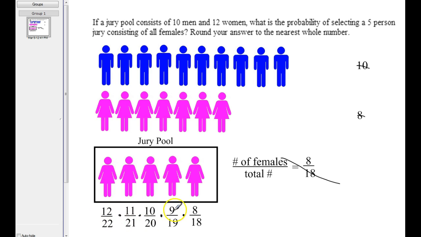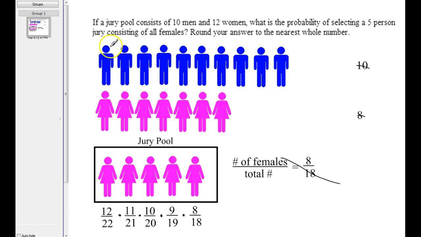This is going down by 1 every time because it's always the number of females divided by the total for each member of the jury. Because we're always picking a female, we're going down by 1 in the numerator, and because the jury pool is always losing a member each time we put 1 in the box, we're also going down 1 in the denominator.